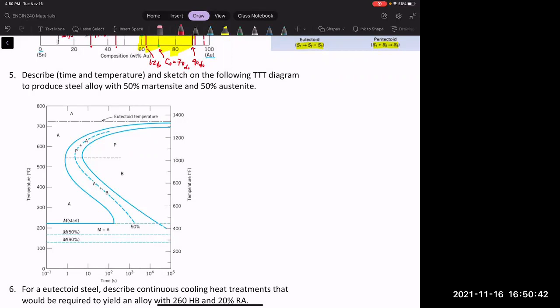And we put most emphasis on the iron and carbon steel. So this is a carbon steel composition. The A represents austenite, which is the gamma. The P represents pearlite.